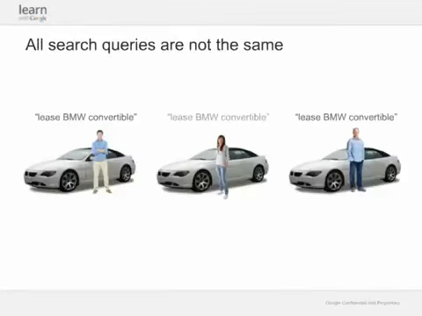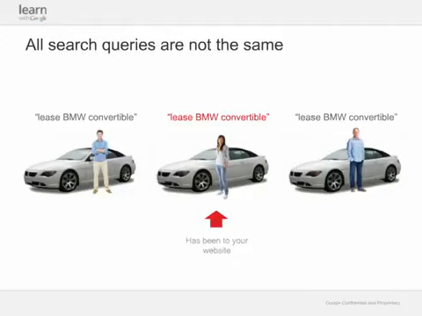So let's start off with the basic premise of RLSA. You have three people. They're searching for the exact same thing. They're searching to lease a BMW convertible. They're looking for some sort of long-term rental. And right now, advertisers tend to treat all these queries and all of these users as the same. So they're bidding a specific amount for people searching for this query.